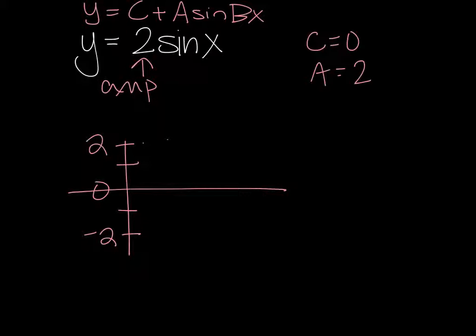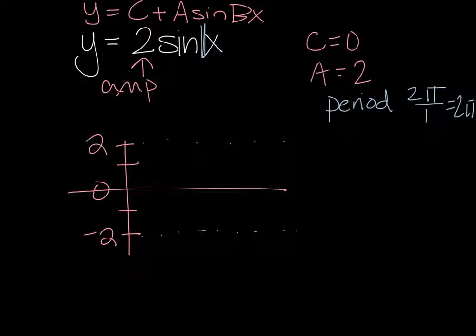The top row will be up here, the bottom row will be right here, and the middle will be the x-axis. Okay, there is no B value, so that's a missing 1. So the period will be 2 pi divided by 1, which is still 2 pi.